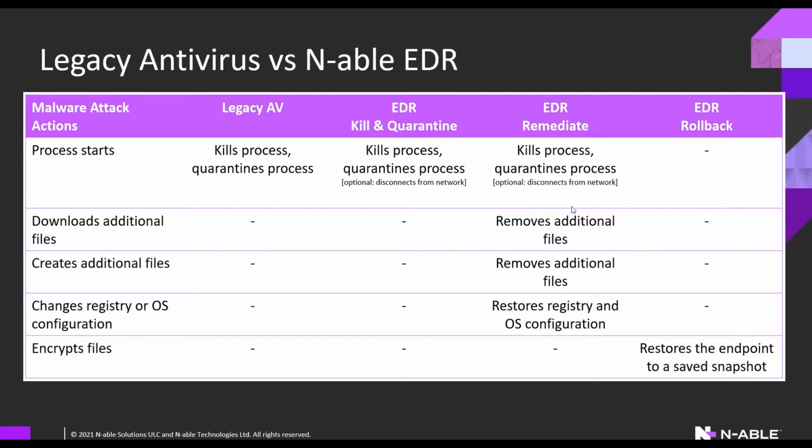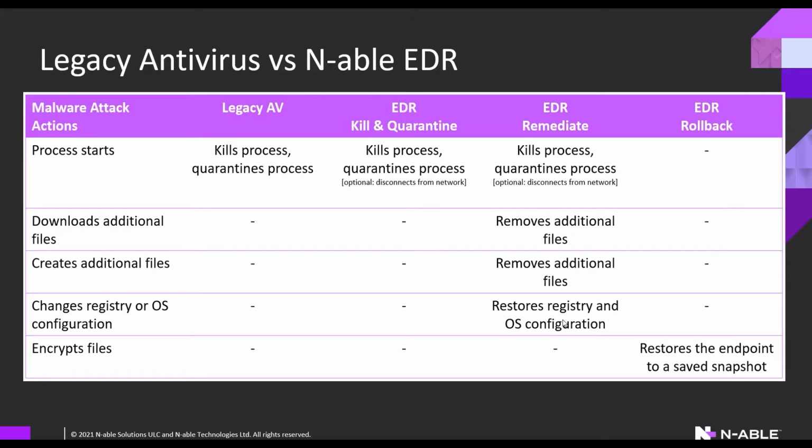Then there's the ability for EDR, because it is a kernel-level product that has knowledge of everything that happened on the system. It knows what was changed on the system. So it knows what files were downloaded during that threat event, and it can remove them. It knows what files were created out of whole cloth during that event, and it can remove them.